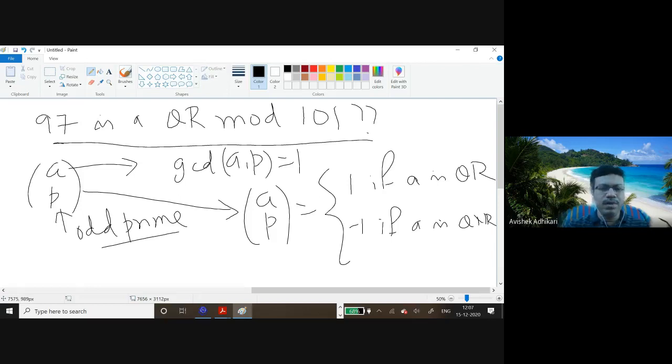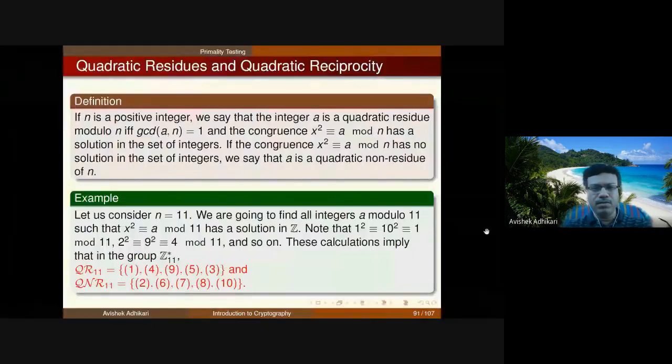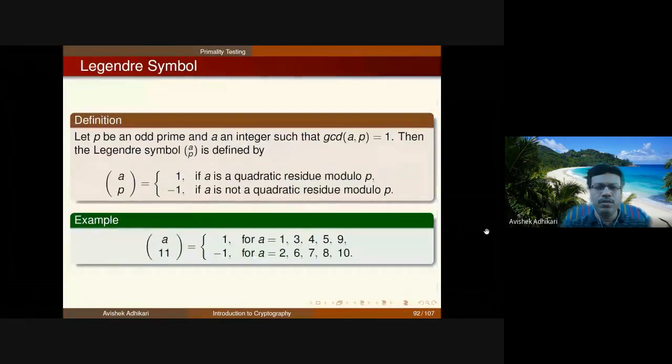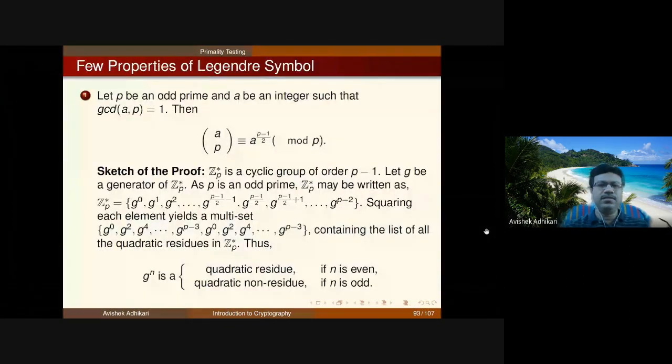So for that, in my last class, I gave you a bunch of formulae that help us in calculating this Legendre symbol. A few of them are as follows. This is quite interesting: the Legendre symbol (a/p) is nothing but a to the power (p minus 1)/2 modulo p.